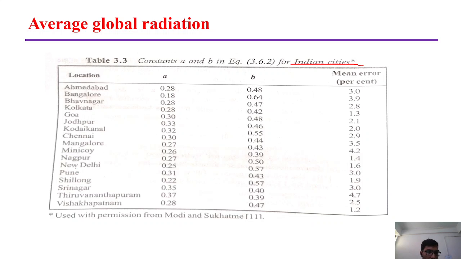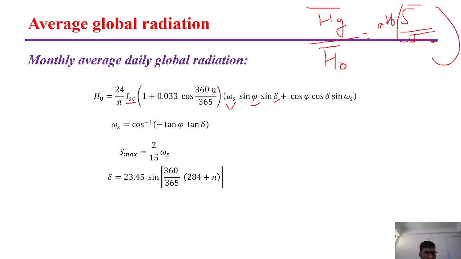For Vadodara, it will be Ahmedabad, so 0.28 and 0.48.